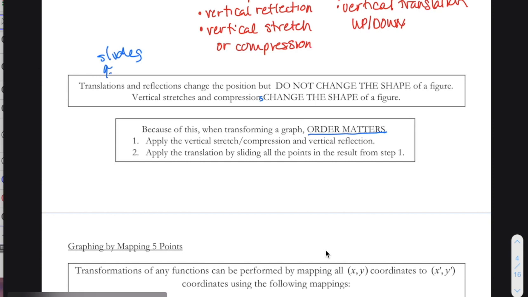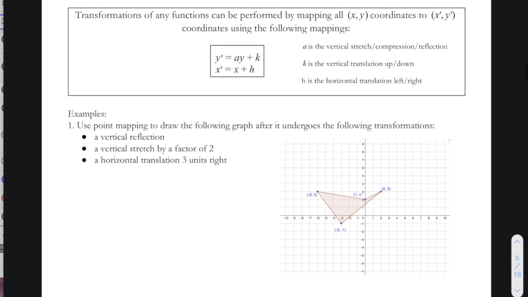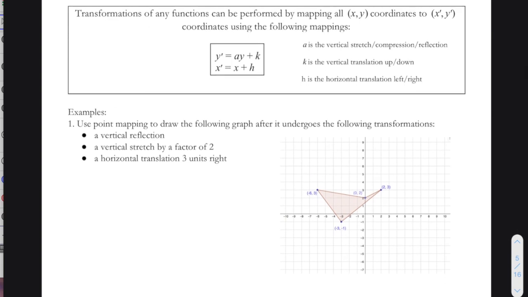So that brings us to the last part of our lesson, which is now translating graphs and objects using 5-point mapping. Basically, the point I want to get across here is that we're mapping our points x, y to new points x prime, y prime.